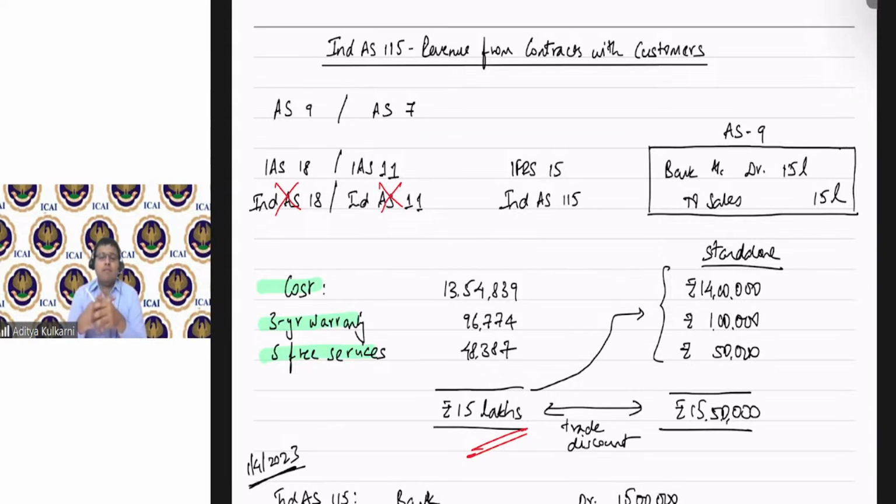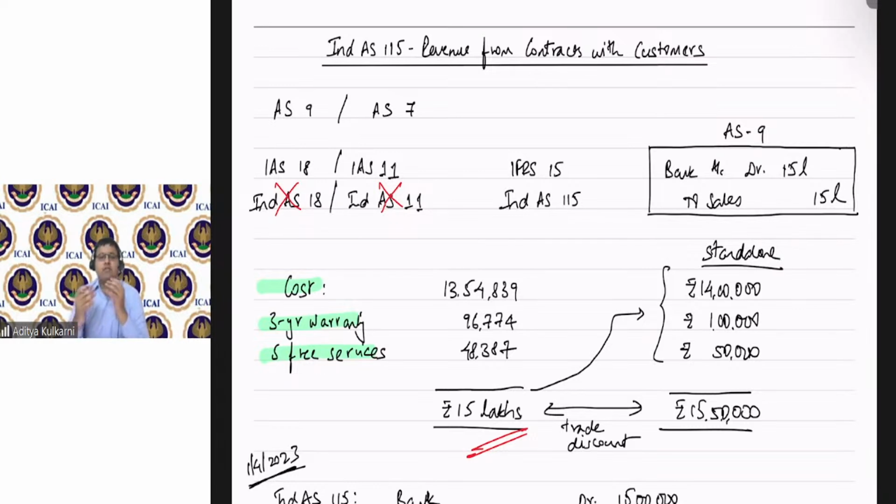However, when we come to Ind AS 115, this is an obligation-based accounting. So we identify how many obligations are there in the contract. We allocate the transaction price to each of those obligations, generally based on standalone selling prices. And as and when a performance obligation is fulfilled, we start recognizing the revenue from that particular obligation.